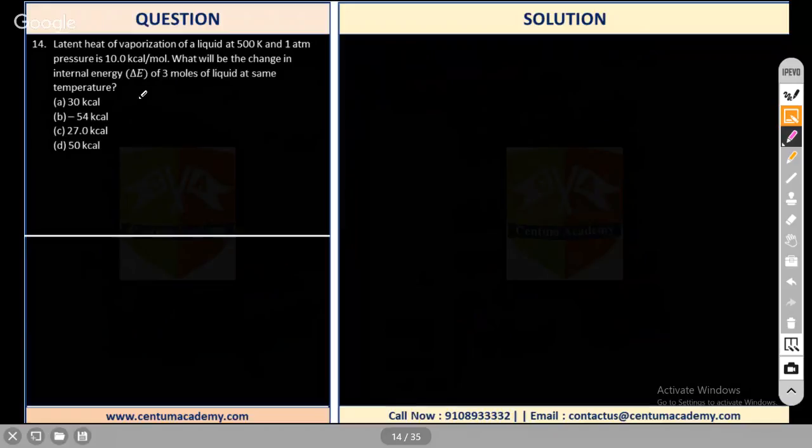What will be the delta Ng for this question? Okay. What is the question? See, the question is what will be the change in internal energy for 3 moles of liquid? Since they are talking about latent heat of vaporization, obviously the liquid is converting into vapor, which is not given, but with latent heat we can say the liquid is converting into vapor, right?